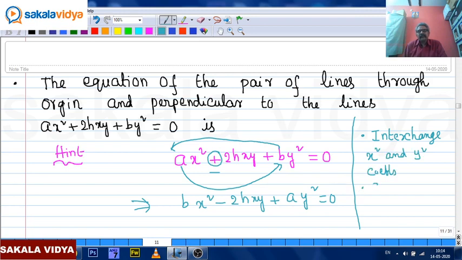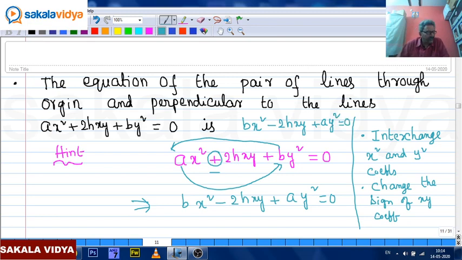Second, change the sign of the xy coefficient. So that's why now we get bx square minus 2hxy plus ay square is equal to 0. This you will get now.